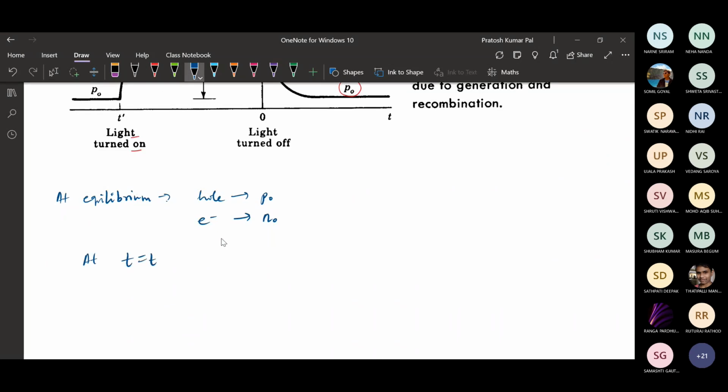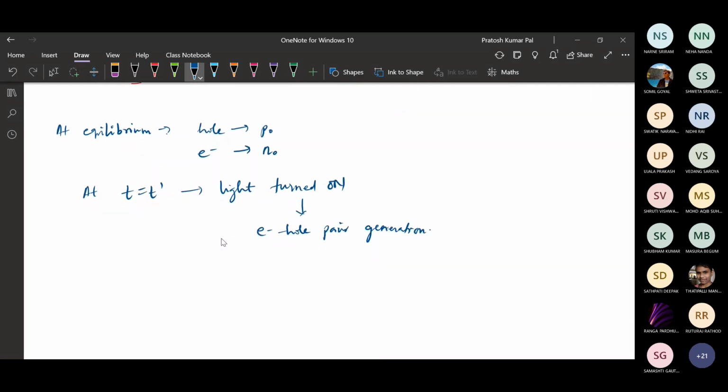So at t equals t dash, light is turned on, so this will result in electron hole pair generation. Okay, so electron hole pairs have been generated.